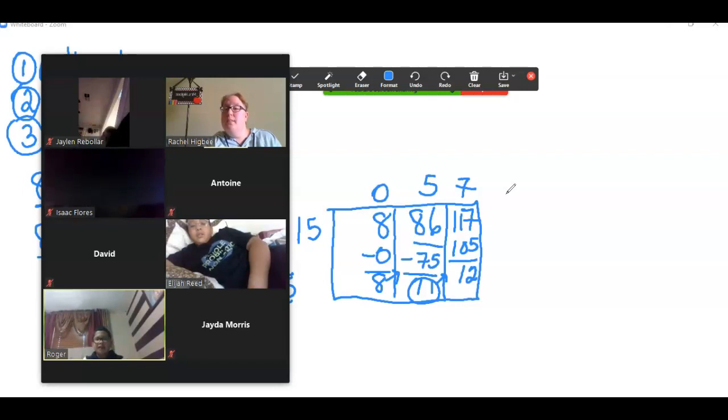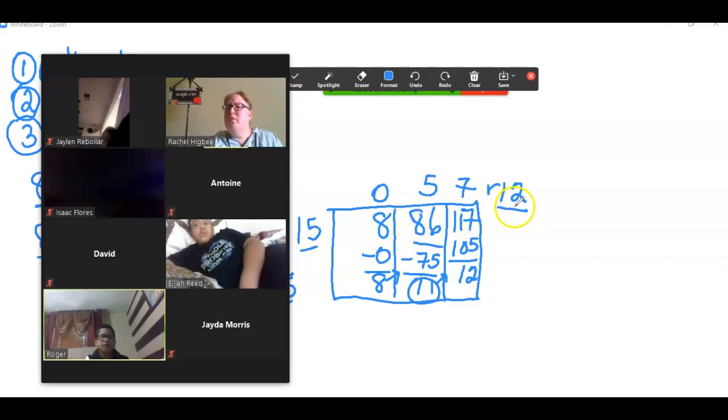If we're talking Skittles, how many Skittles have to be in a bag this time? 15, but I only have 12. So can I make a bag? Nope. Okay, so it is okay to have that as my remainder. As long as my remainder is less than my divisor, it's okay.